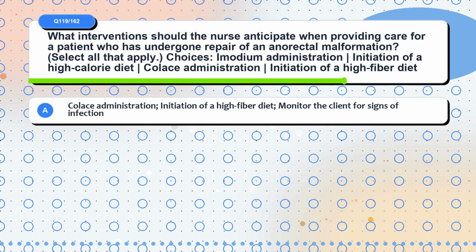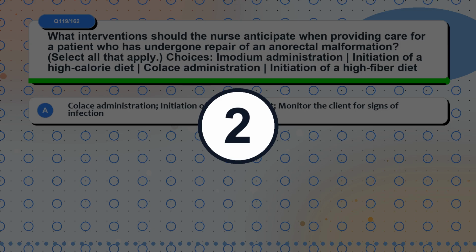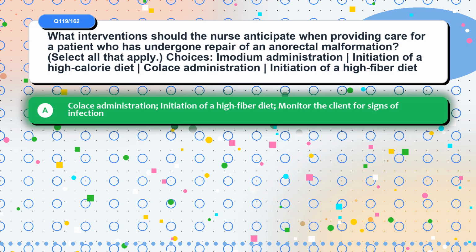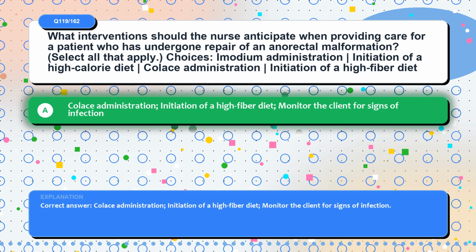Option A: Colace administration, initiation of a high-fiber diet, monitor the client for signs of infection. The correct answer is option A: Colace administration, initiation of a high-fiber diet, monitor the client for signs of infection.